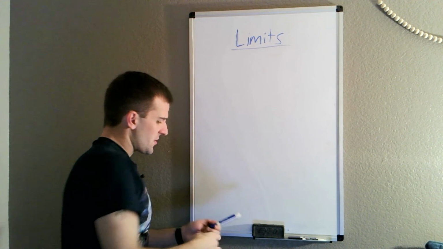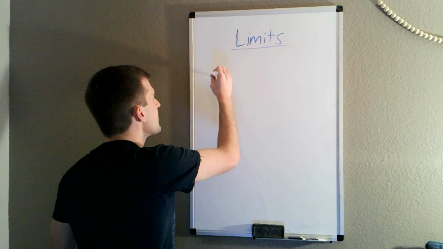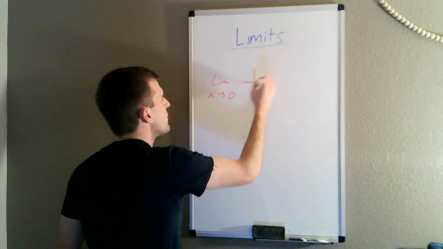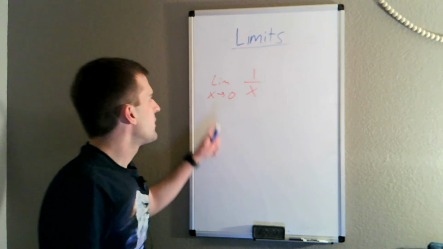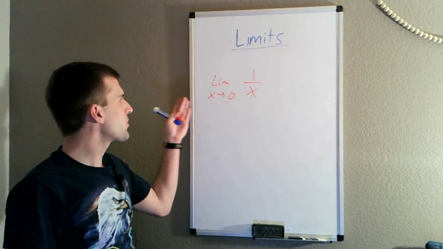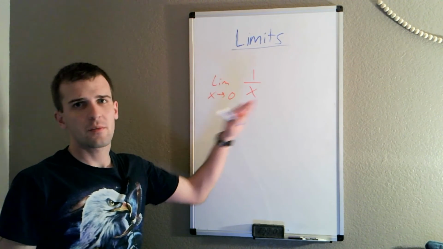So we already discussed this a little bit. We said the limit as x approaches 0 of 1 over x is technically undefined, but moving forward we are going to assume that it's coming from the right.